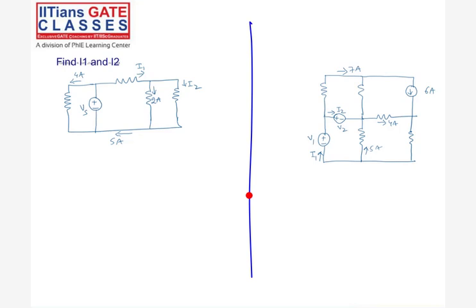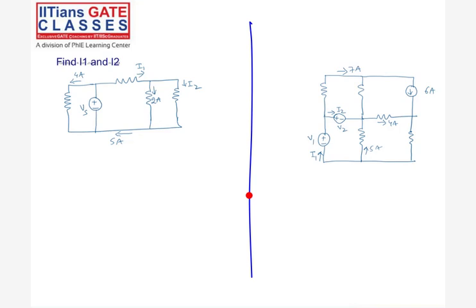So we have seen KCL and KVL, right? What do you mean by KCL? Kirchhoff's current law. Sum of incoming currents at a node should be equal to the outgoing currents. At any node in the circuit, KCL is valid.